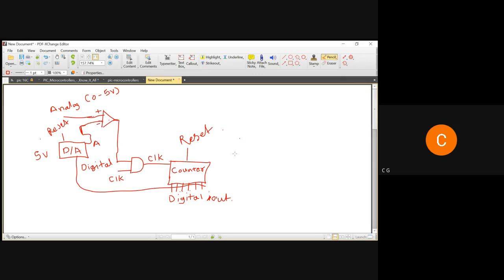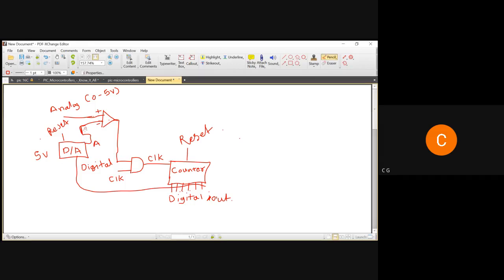Now let us see how the A to D converter works. First, you give some signal at the analog pin more than 0 volt. Now, what is the role of the op-amp? Here it is not digital, it is an analog system. Since it is reset, it is giving 0 volt here.